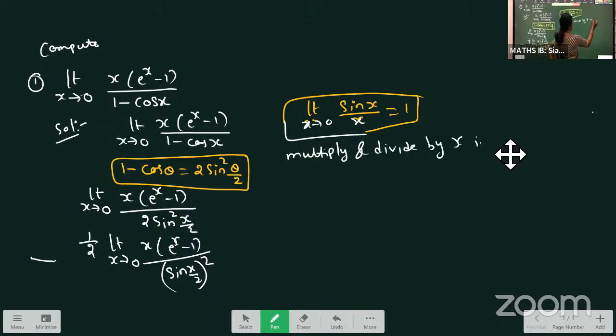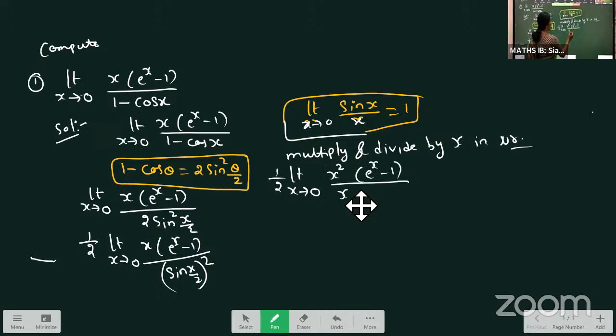So the 1 by 2 stays as it is. Limit x tends to 0. If you multiply x, this becomes x square, e power x minus 1 as it is, and dividing x into what is there? Sin x by 2 whole square.